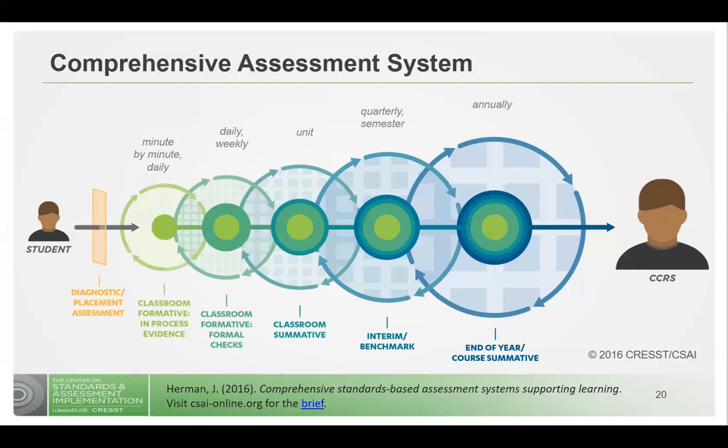In-process formative assessment is distinguished from all other types of assessments in the system. It provides information for instructional adjustments and evaluation of student progress of learning in real or almost real time. Notice that the light green circle we use to represent formative assessment is in the center of all other assessment types. This is because formative assessment is the foundation for doing well on all other assessments in the system.